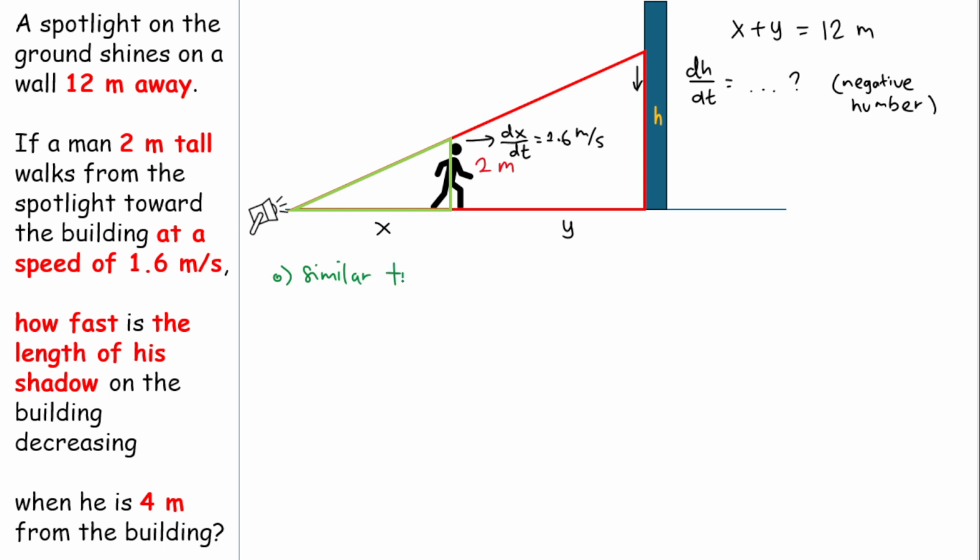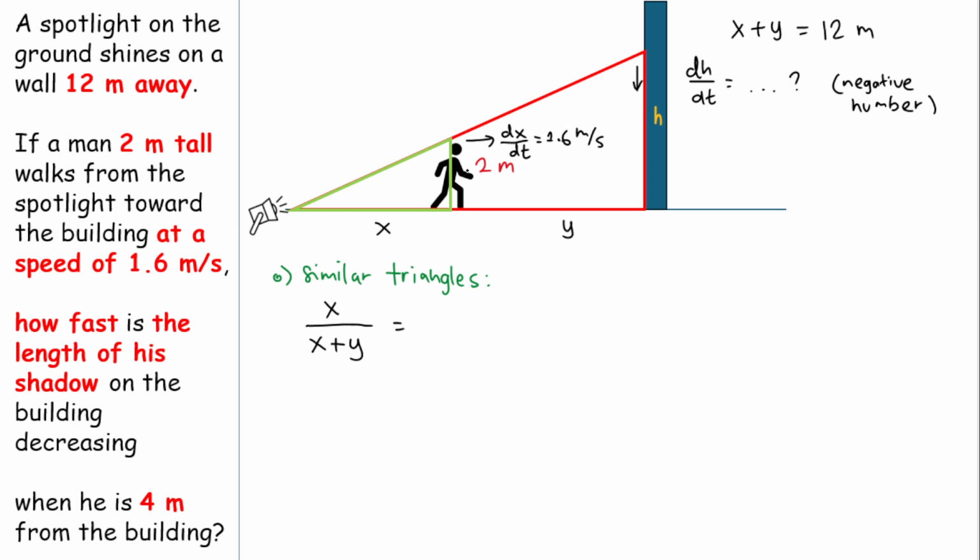We can compare the base with the base and the height with the height. The base of this green triangle is X, but the base of the red triangle is X plus Y. And both of them are the base of their respective triangle.